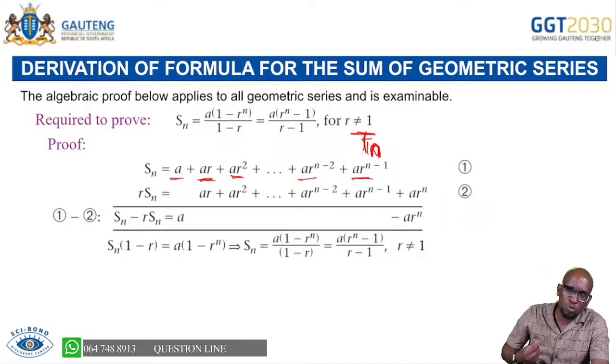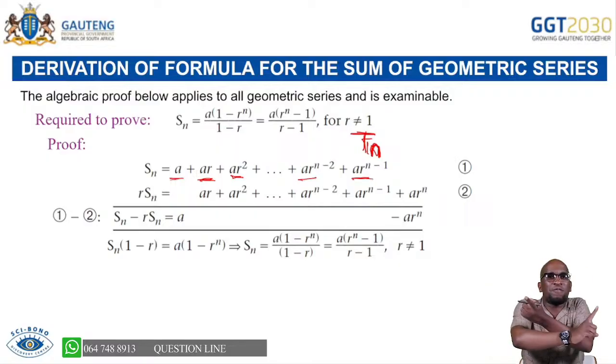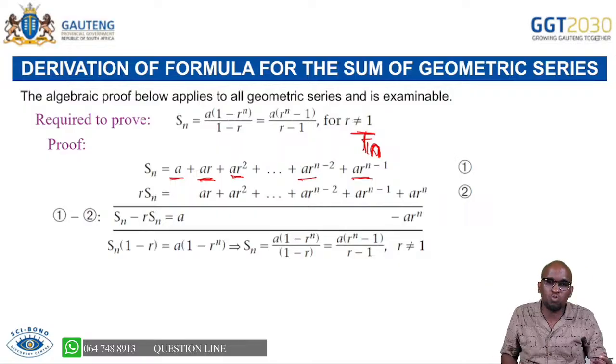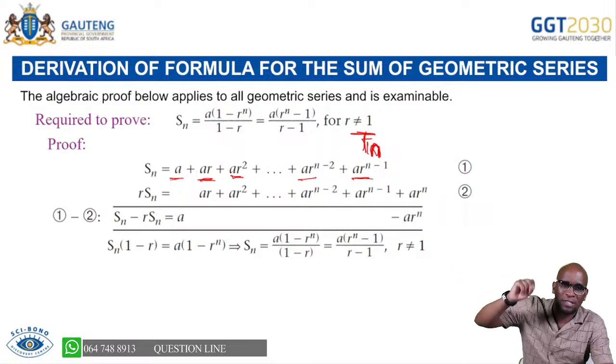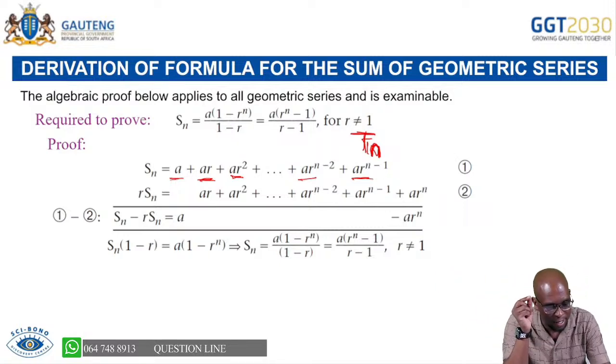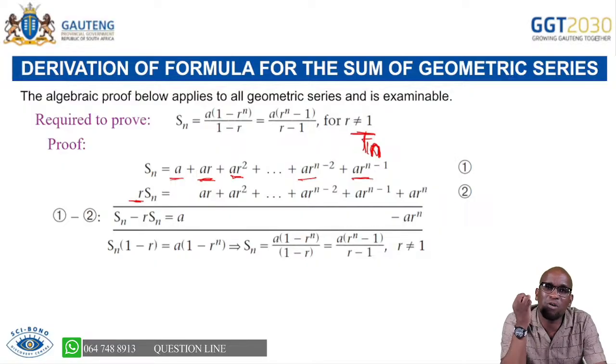Now, what do we do here to generate equation 2? In arithmetic, we reversed. Here, to generate 2, you multiply the whole series of equation 1 by r, which means that all the terms in equation 1 are going to be multiplied by r.